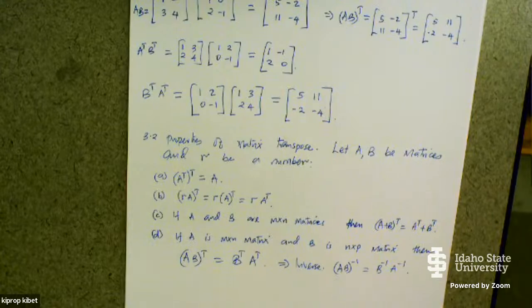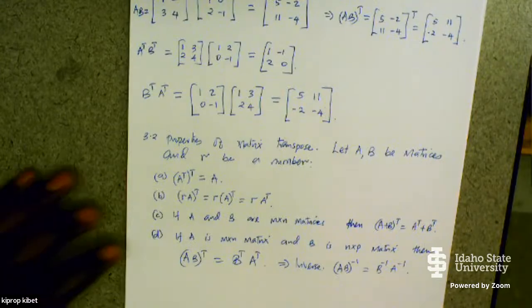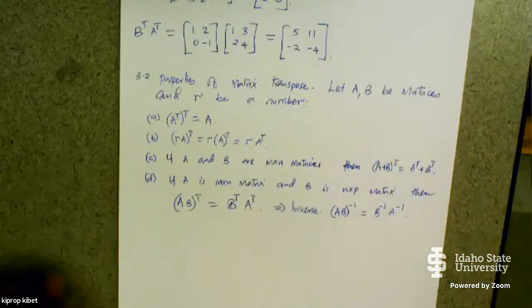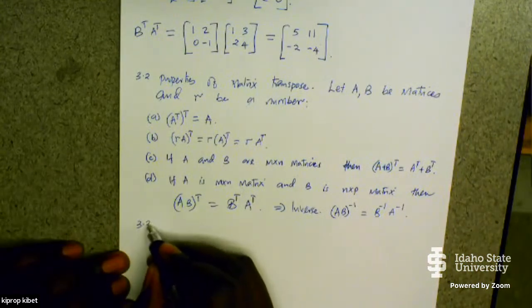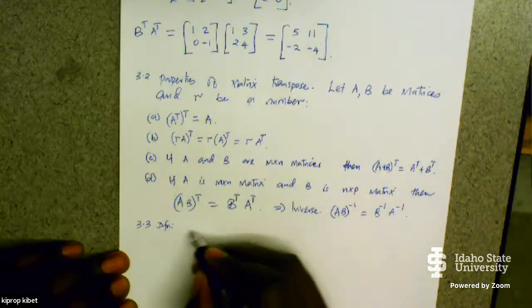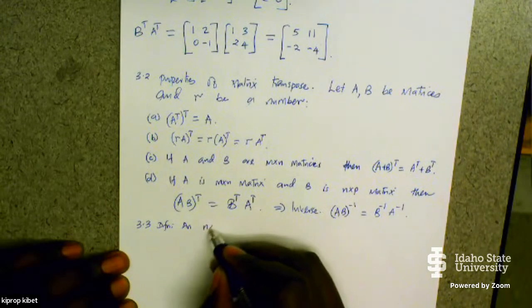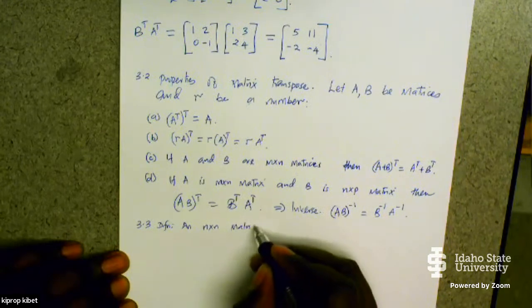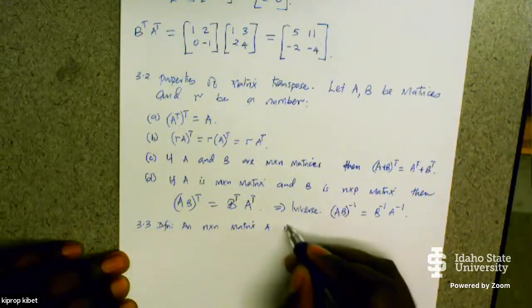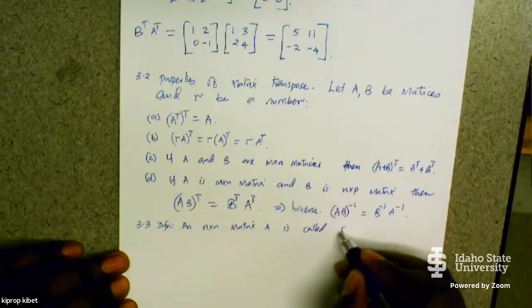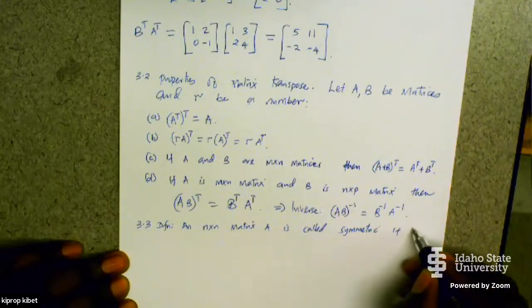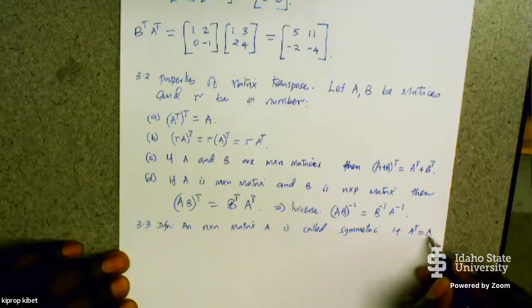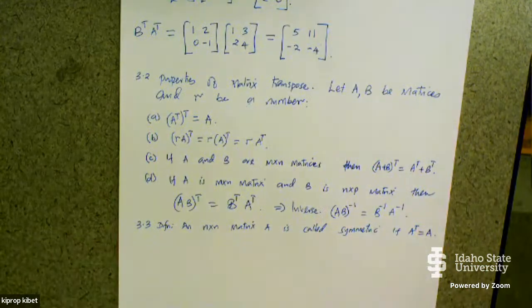Okay, any questions after that? Then the final example in this section is 3.3, which is a definition whereby an N by N matrix A is called symmetric if A transpose equals A. It is called symmetric.